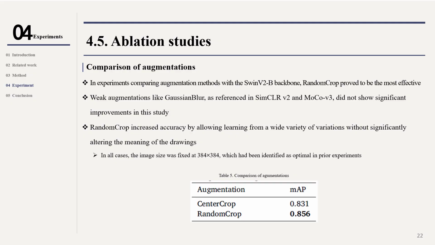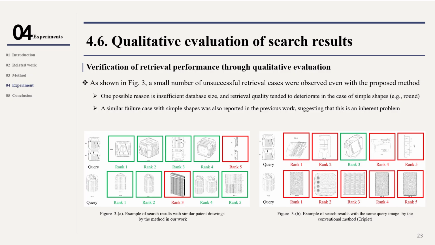Weak augmentations like Gaussian blur and those used in SimCLR v2 and MoCo v3 didn't show significant improvements in this study. As shown in Figure 3-A, a small number of unsuccessful retrieval cases were observed even with the proposed method. One possible reason is insufficient database size, and retrieval quality tends to deteriorate in the case of simple shapes like round shapes.